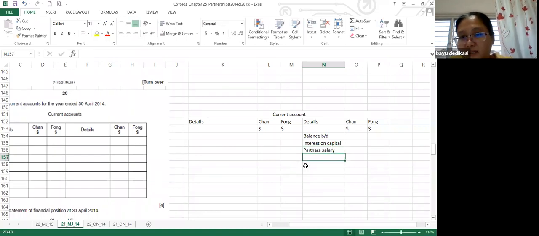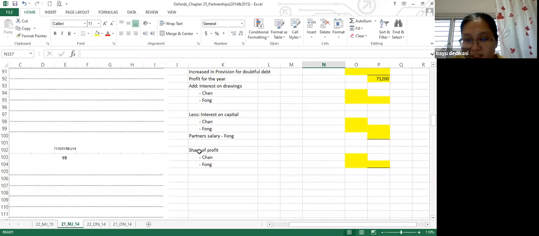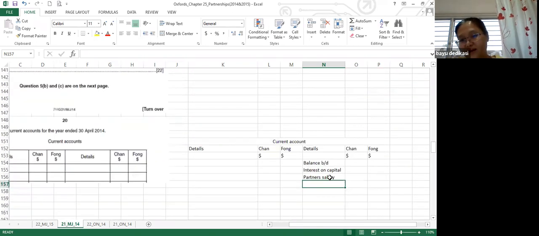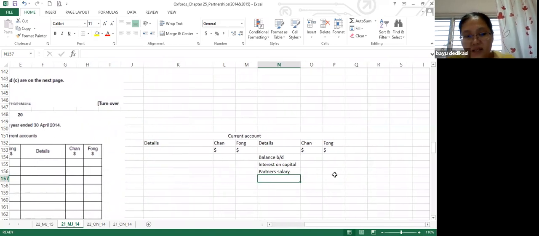Where is this information gathered? You can get it from your appropriation account. If your appropriation account in here is calculated correctly, basically this account will be fine. Okay, so partner salary, share of profit.